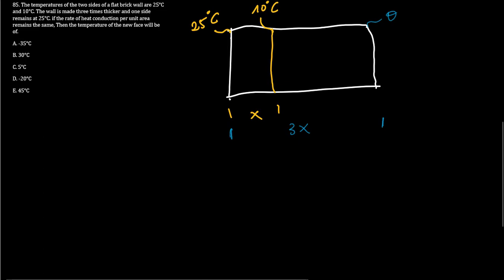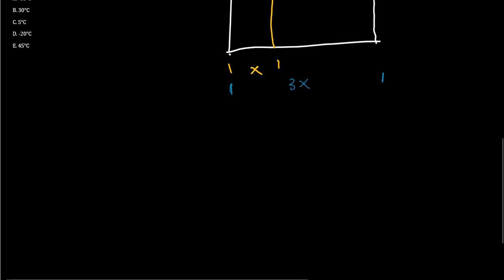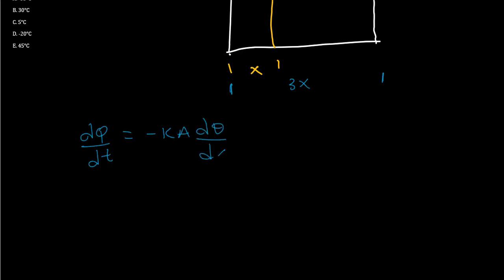And so we are going to use the energy equation, which says the rate of change of heat, that's dQ on dt, is simply given by negative KA times d theta on dx, where K is the thermal conductivity.